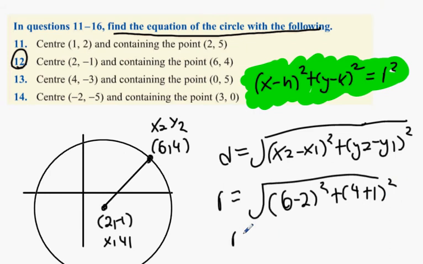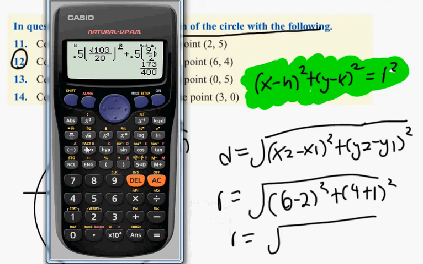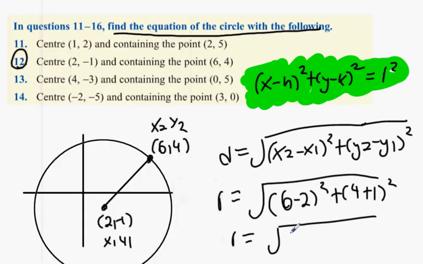Squared. Radius is going to be, what's that going to be? Square root of (6 minus 2) squared plus (y plus 1) squared, which is 5 squared. Root 41. Okay? Square root of 41.